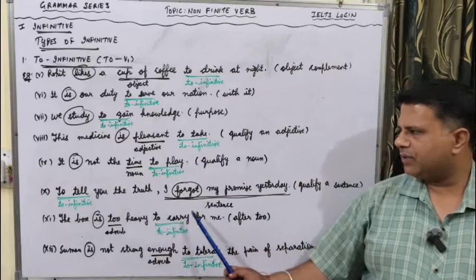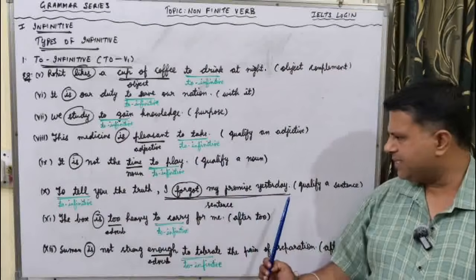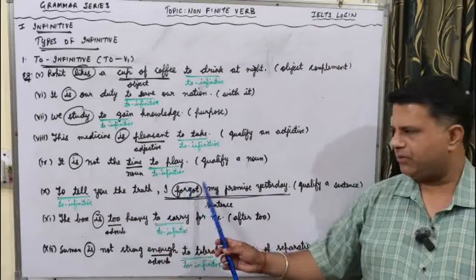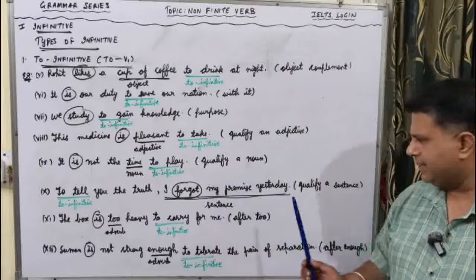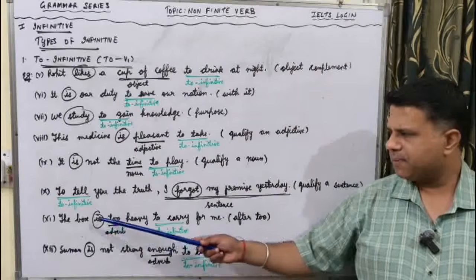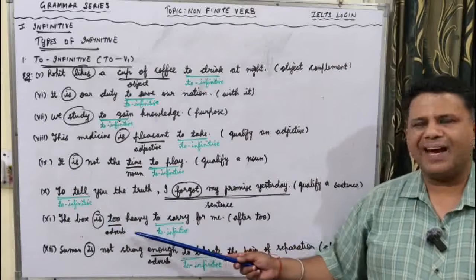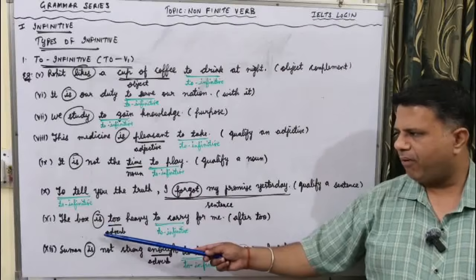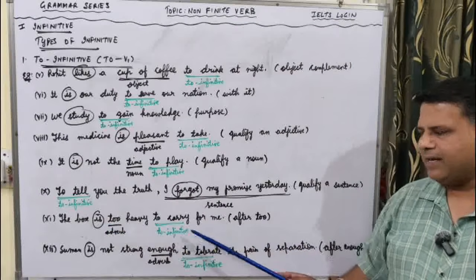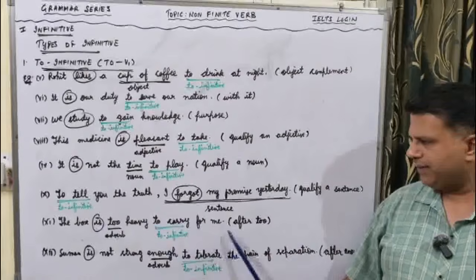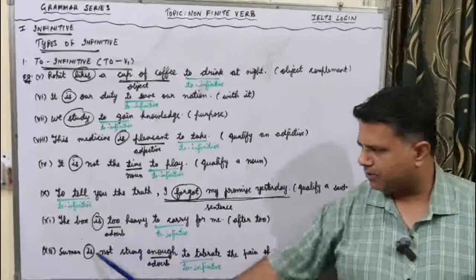To tell you the truth, I forgot my promise yesterday. So this is a sentence, and to tell you the truth qualifies the whole sentence, so that's why it qualifies a sentence. Now the next two examples: the box is too heavy. Too is an adverb here, is is the tense element. The box is too heavy to carry for me, so to carry is coming after too, so to infinitive can come after too.